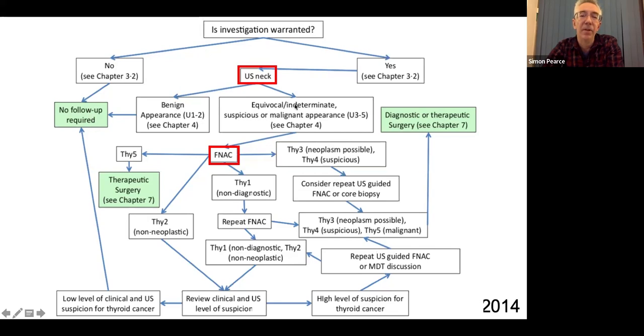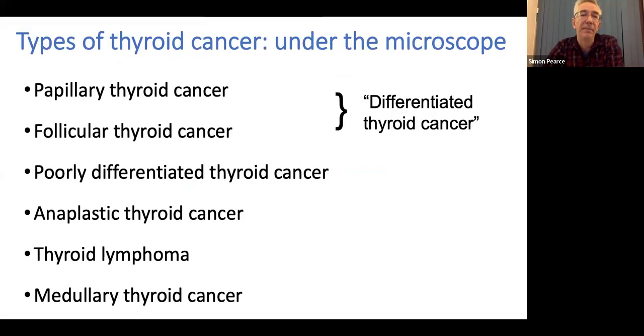If it's indeterminate on ultrasound with some of those features, maybe like the microcalcification or irregular margins, then you'll go and have the fine needle aspiration, which could lead to thyroid surgery, either therapeutic surgery, which would normally be take your whole thyroid out if it looked really like cancer, or if it's not clear what it is, sometimes you go for diagnostic thyroid surgery, which means they'll take out half of your thyroid so they know what it is.